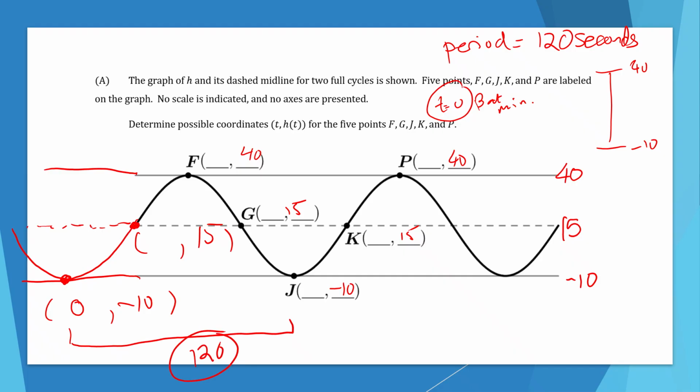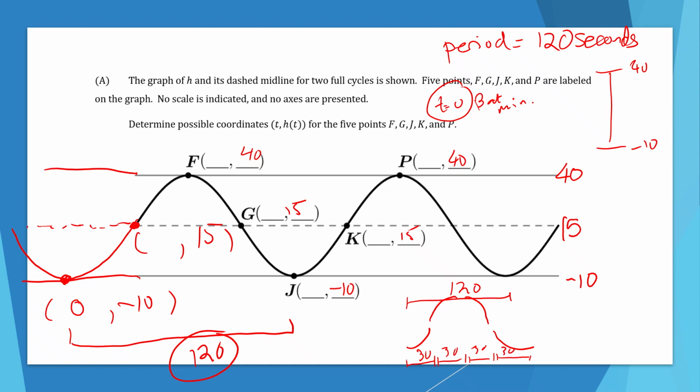And remember, each of these parts, 1, 2, 3, 4, is equally split into fourths. So if we take 120, which is the whole, and divide it into fourths, it should be 30, 30, 30, and 30 seconds in between each coordinate.